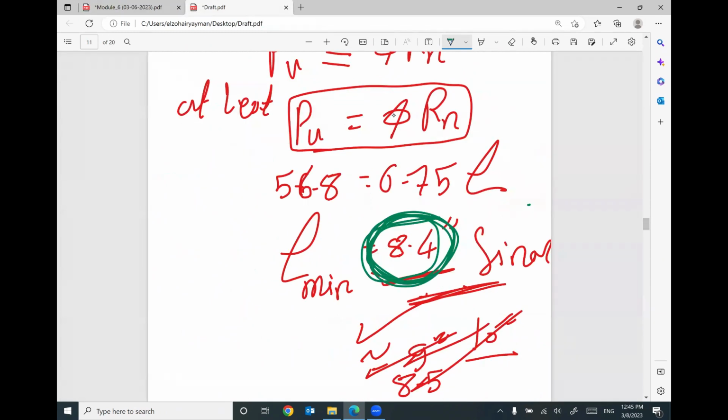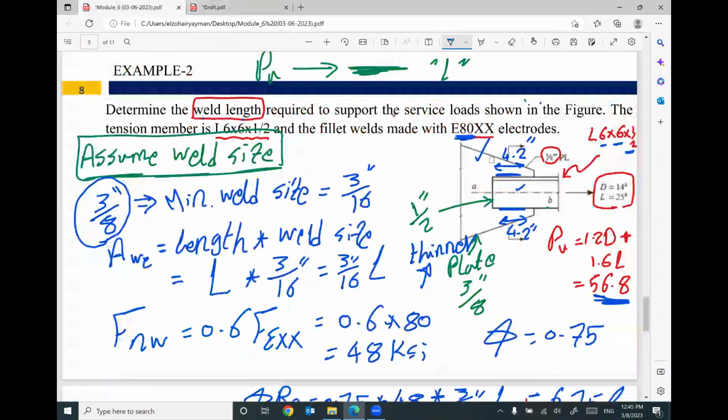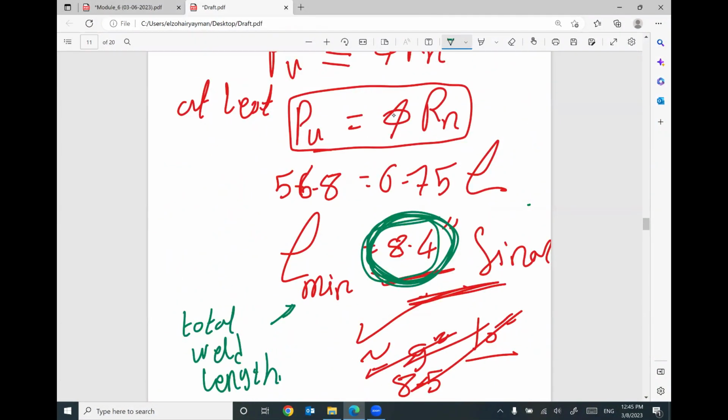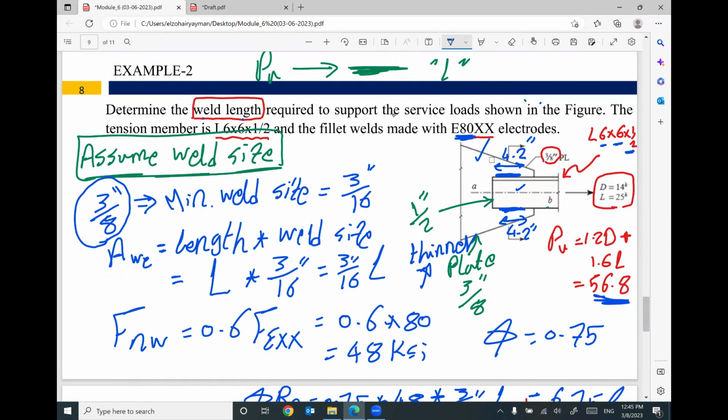So this is the total weld length. This length plus this length equals 8.4. After you are done with your problem, you need to sketch your connection and put the weld with the final length.